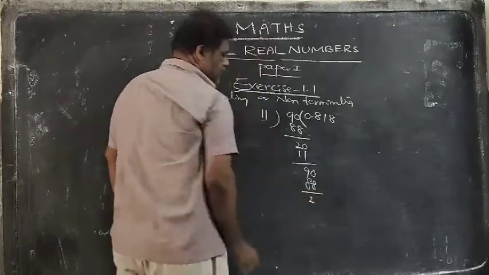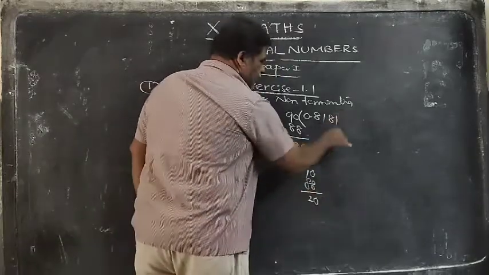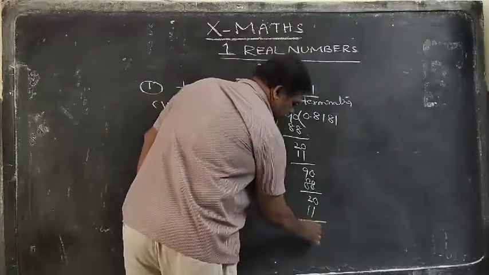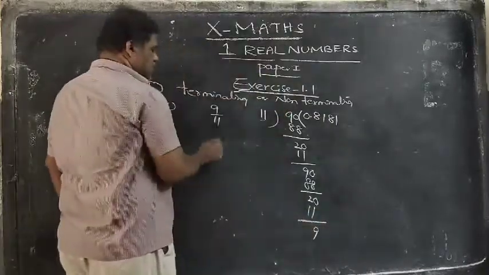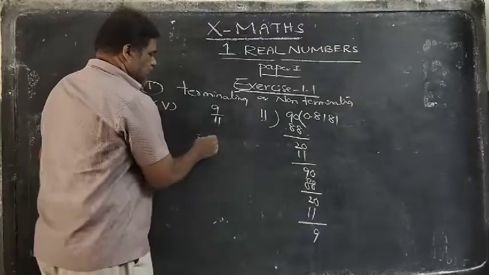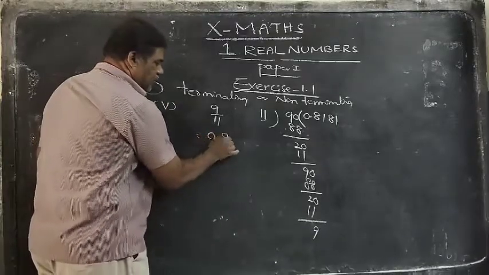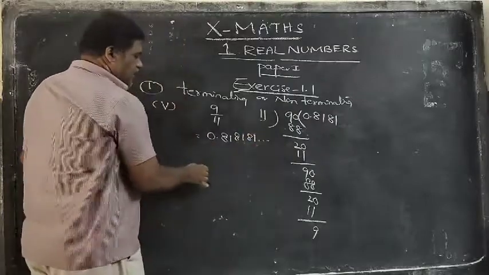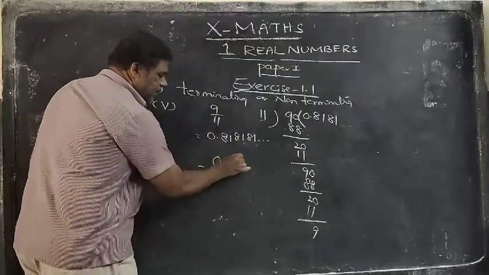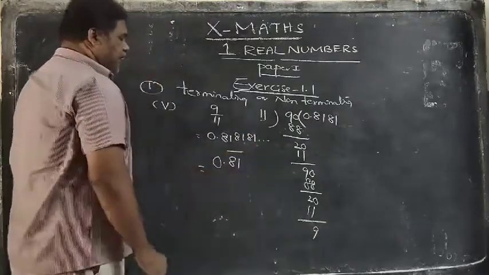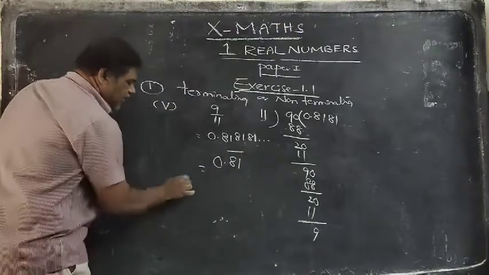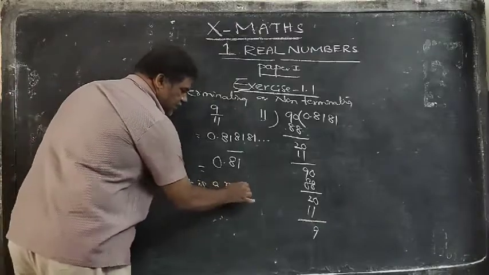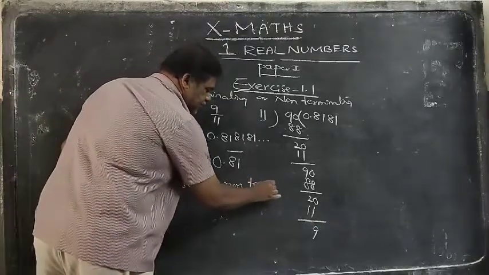Remainder is 2. 11 ones are 11. Remainder is 9. So this process goes on, it never ends. So 9 by 11 is 0.8181 and so on. This digit pair 81 is repeated, so we can keep a bar on 81. So it is 0.81 bar, a non-terminating decimal.